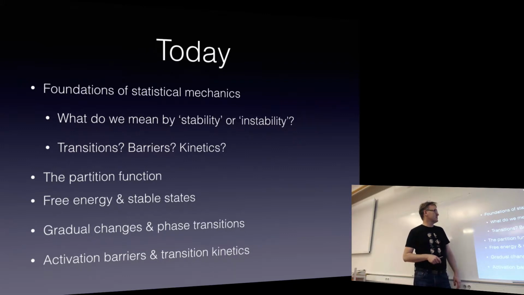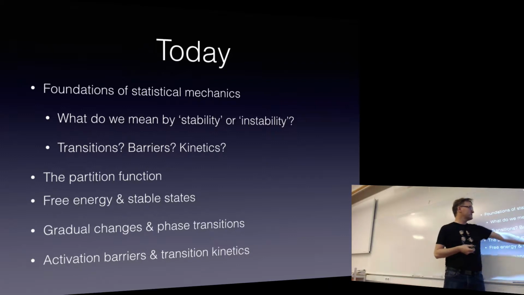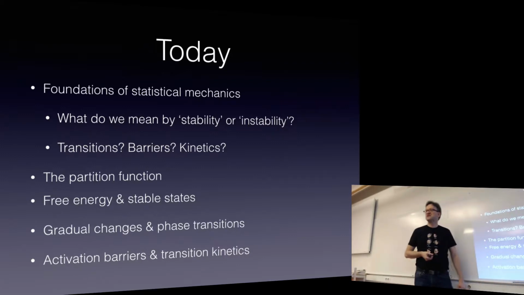And so far we've only talked about distributions at equilibrium. Is state A more probable than state B? But we will actually be able to talk a bit about kinetics too, how fast things happen. We're going to introduce a concept called the partition function, and then talk more about free energies. And we'll see. I don't think I will get to activation barriers in alpha helices.